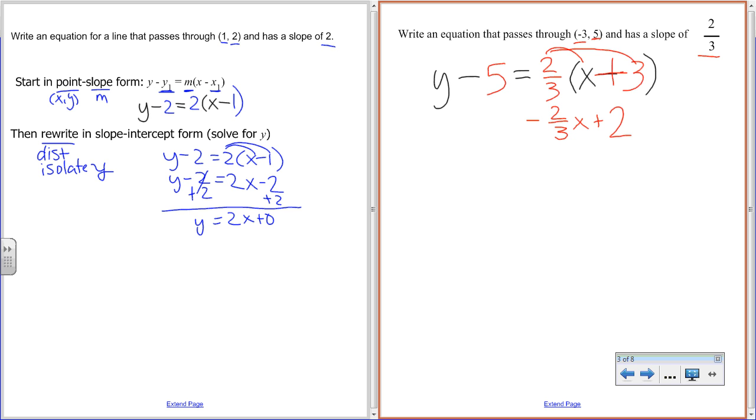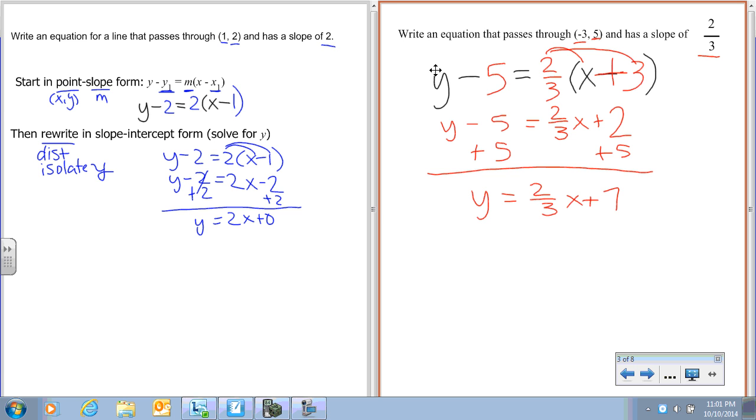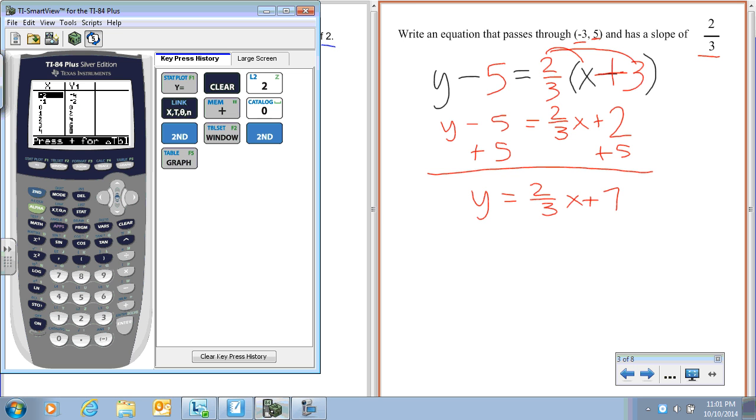We have that equal to y minus 5. I'm now going to add 5. So it truly is distributing, and then either undoing the addition or subtraction that you have on the left-hand side of the equation. We get y is equal to 2/3 x plus 7.